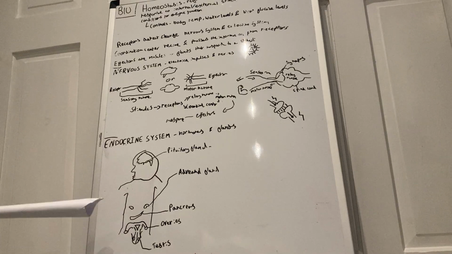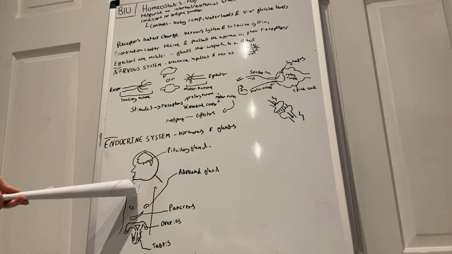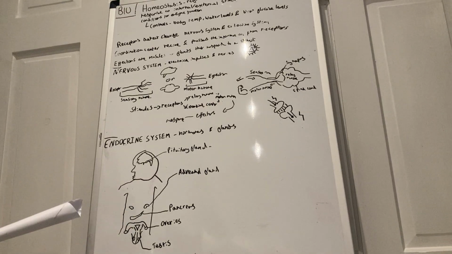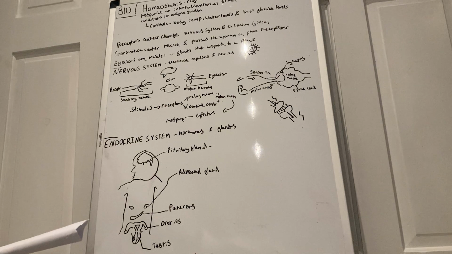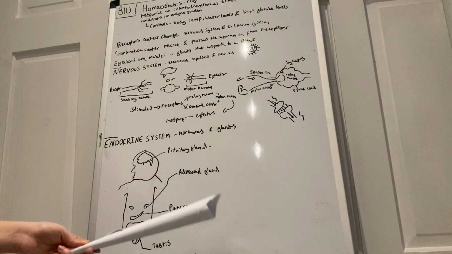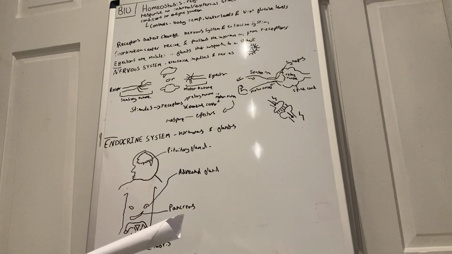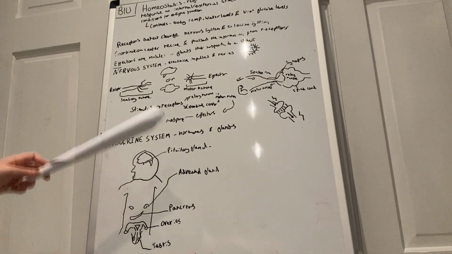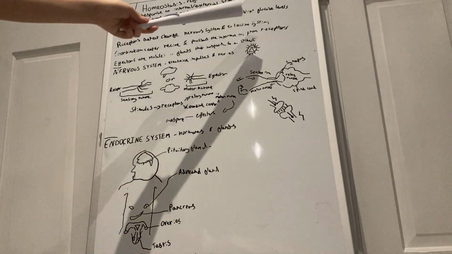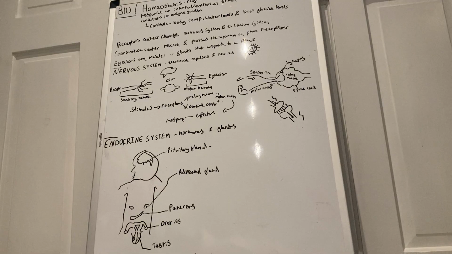Now, the thyroid, it's not on my diagram, but it should be right there in your throat. The thyroid controls the metabolic rate in your body, basically. Now, moving down, the pancreas controls the level of glucose in the blood, like we were saying up here, through homeostasis, the things that are controlled by these glands.